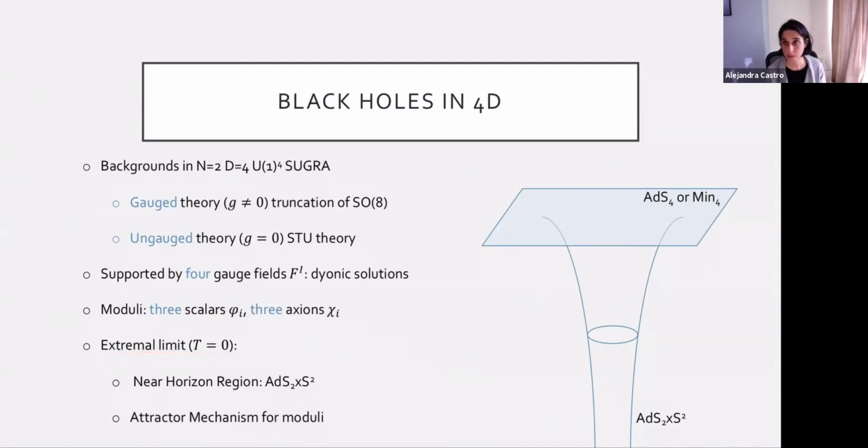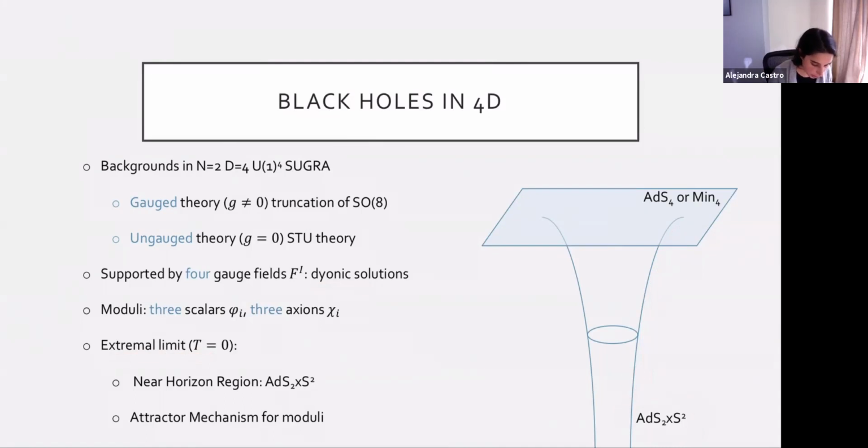So basically when the temperature is equal to 0. And extremal black holes have this fantastic property that they have a near horizon region. So there's a long throat that describes the geometry. And for these backgrounds that basically only carry magnetic or electric charges, the near horizon geometry is described by AdS2 times S2.